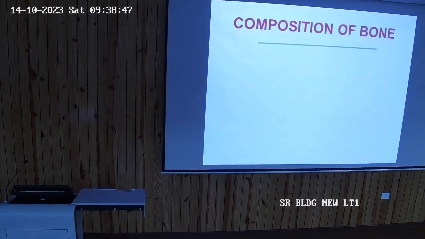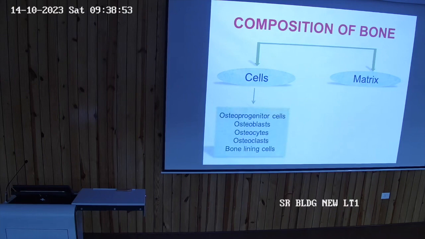Now composition of bones, everyone knows now: cells and matrix. Now what are the cells present here? Osteoprogenitor cells. In the periosteum and perichondrium that we study, the inner cellular lining has mesenchymal cells that differentiate into different types of cells. So basically these osteoprogenitor cells are present in the inner cellular layer of the periosteum.